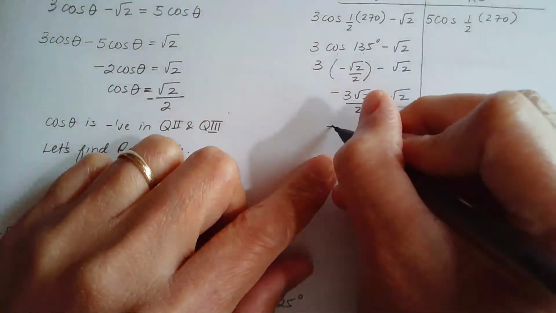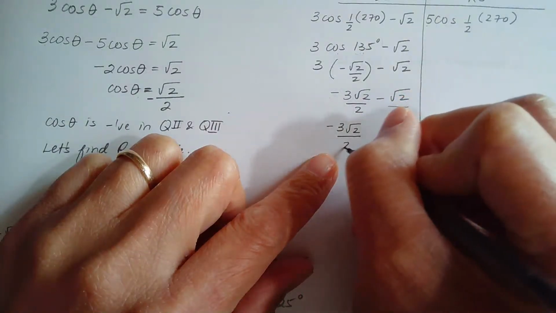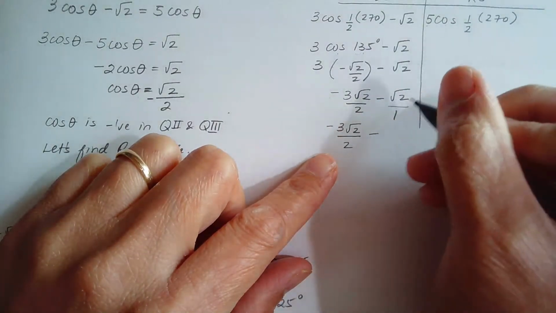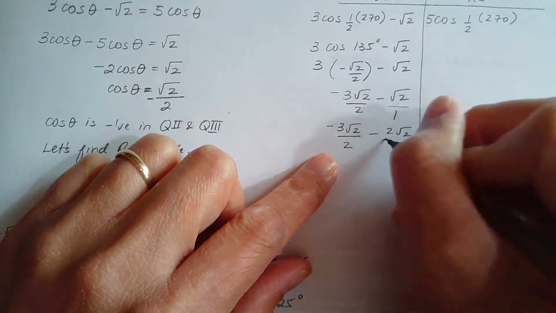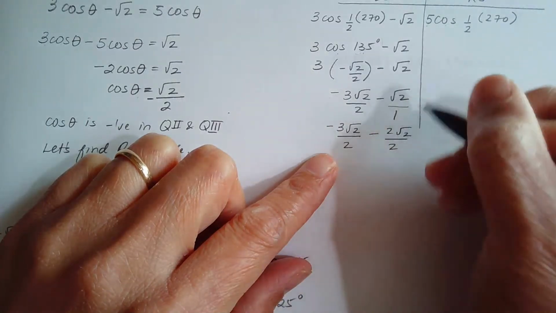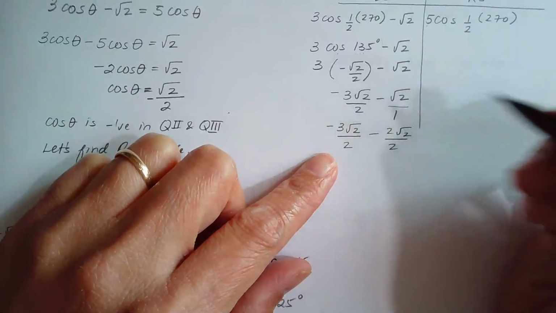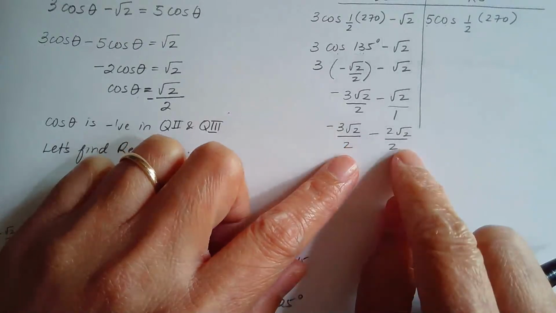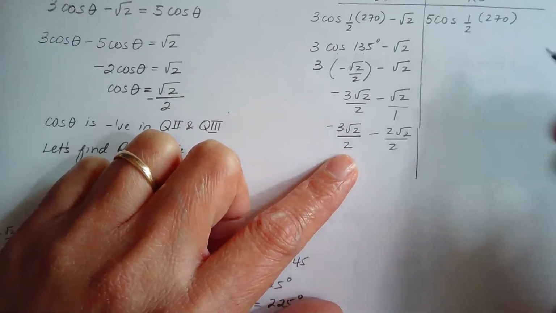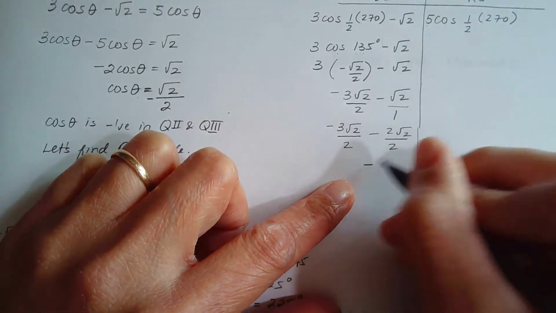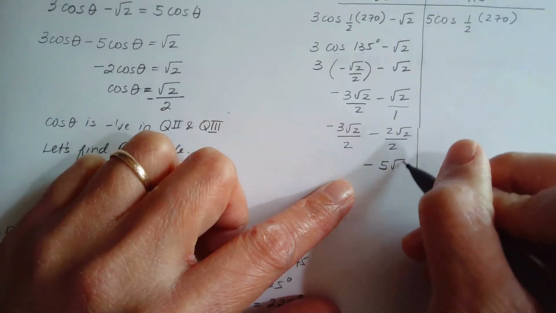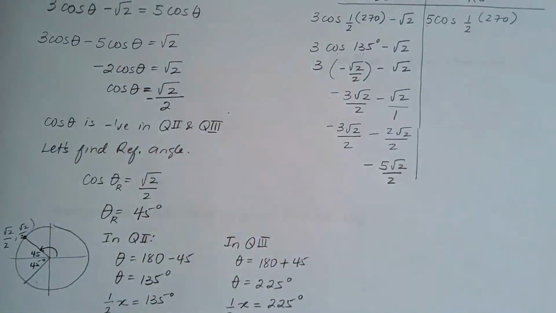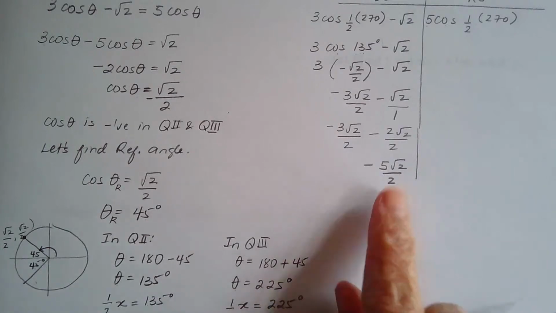So this becomes negative 3 root of 2 over 2 minus 2 root of 2 over 2. I'm multiplying both the numerator and denominator by 2 over 2. So now that they have the same denominator, I can go as negative 5 root of 2 over 2. Okay, so that's my answer.